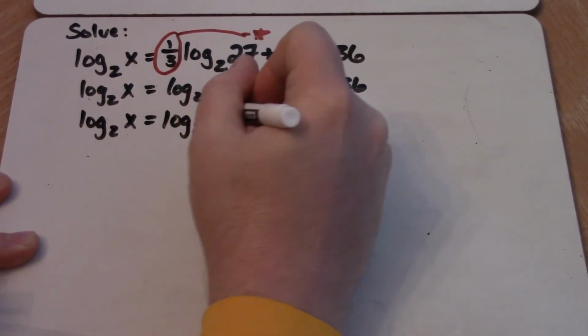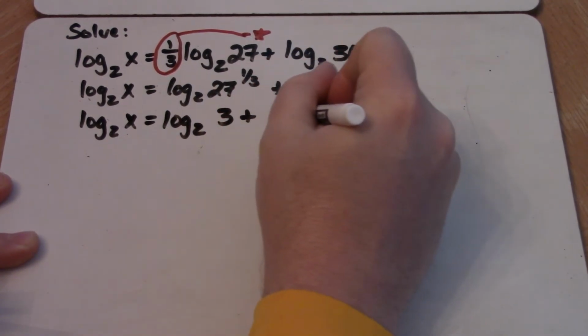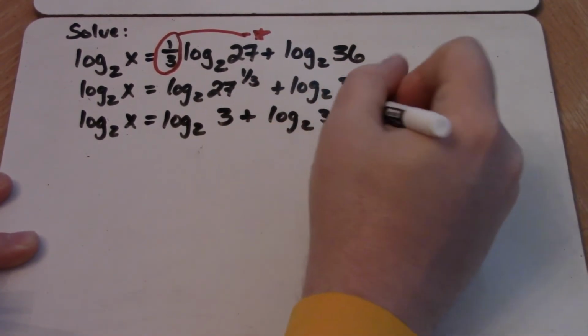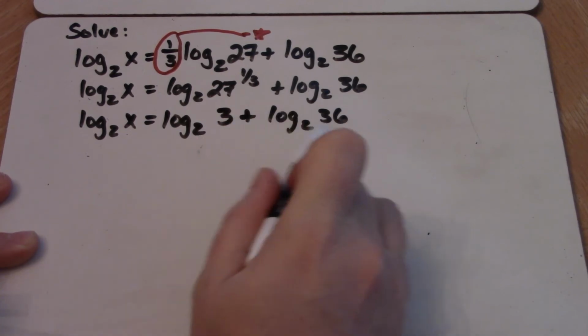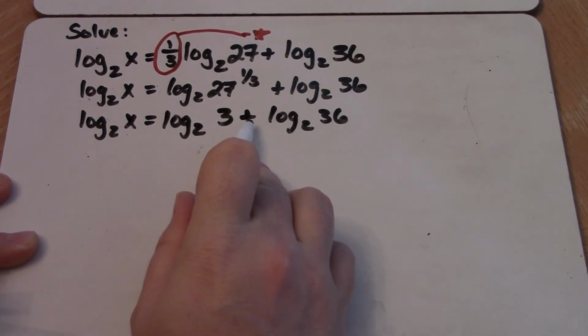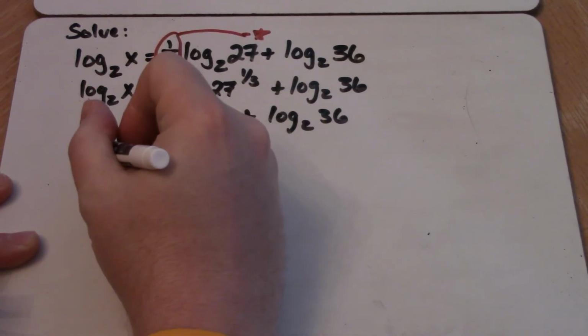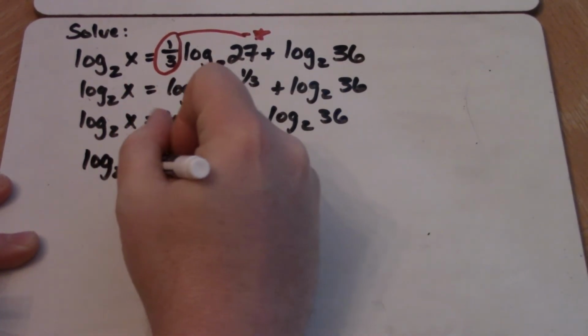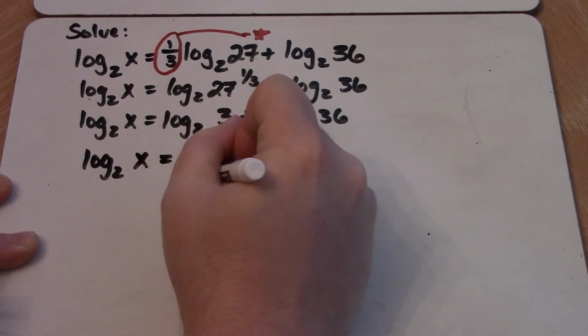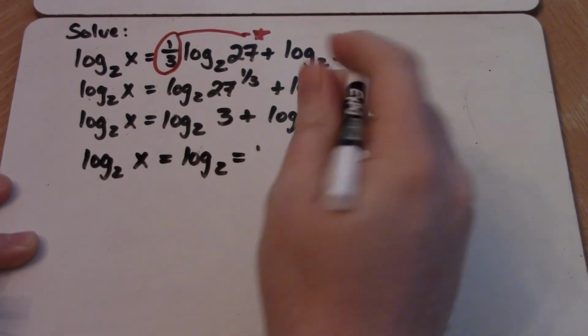So that would be log base 2 of 3 plus log base 2 of 36. Then we would combine these two using the product rule, because again we have addition here, which means we can multiply 3 times 36, which would give us log base 2 of x equals log base 2 of 108.